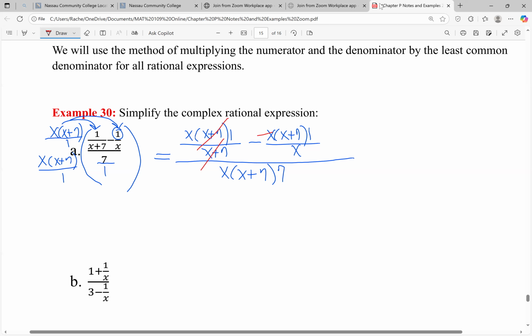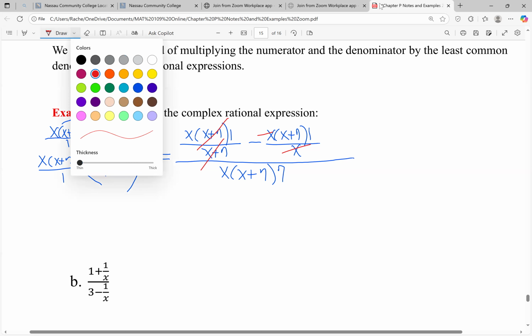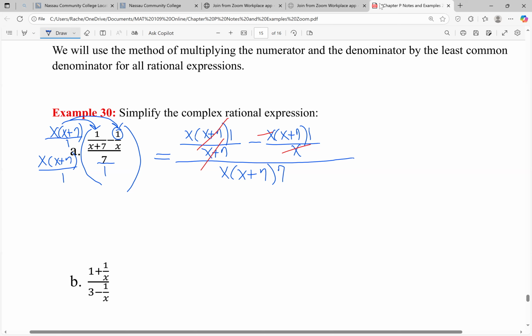And then here I have x over x is 1. So by multiplying by the least common denominator, I'm eliminating fractions, but I'm still writing an equivalent expression because I multiplied both the numerator and the denominator by the same expression, x times x plus 7. So it's still balanced.